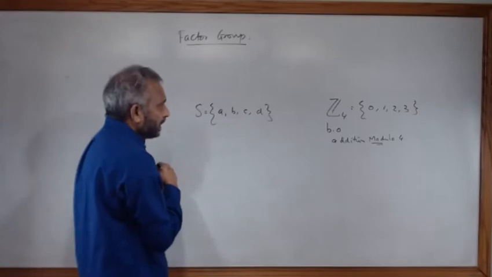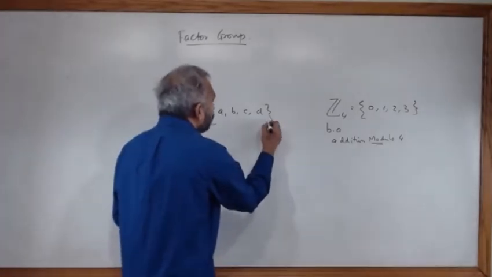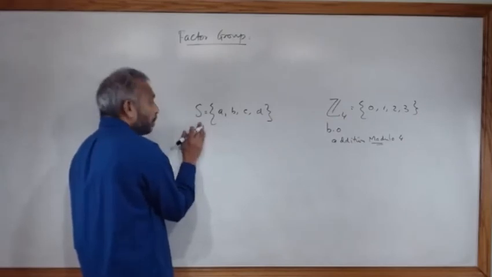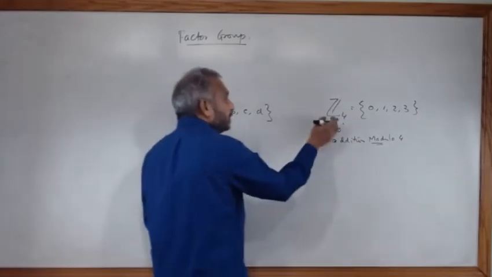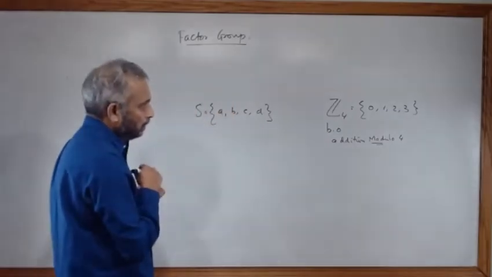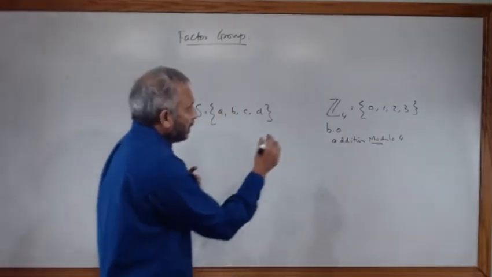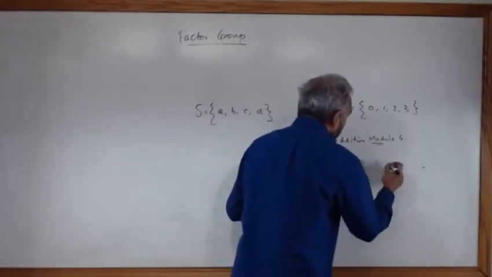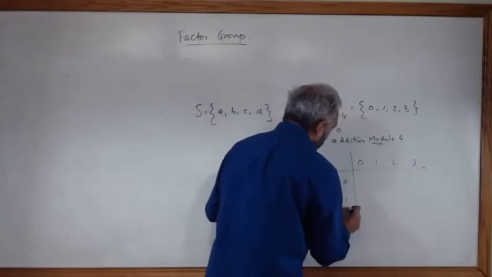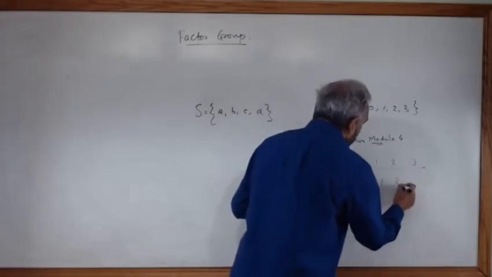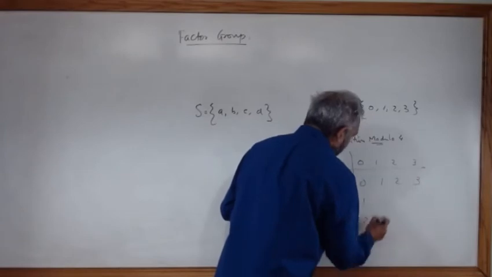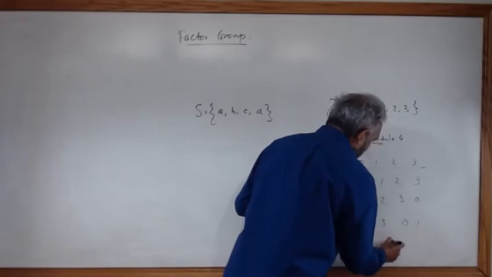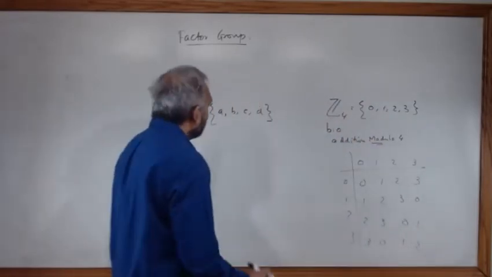So our first attempt is to borrow a binary operation or group structure from Z4. Here you have a binary operations table for Z4, and there is nothing like that here.